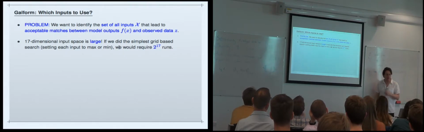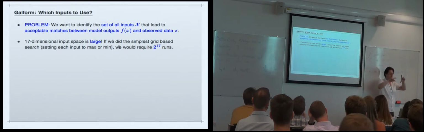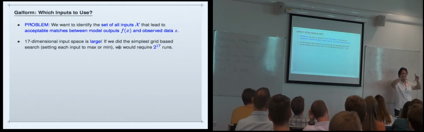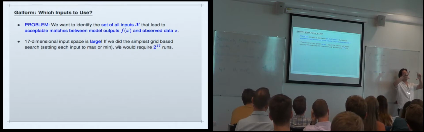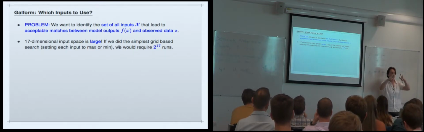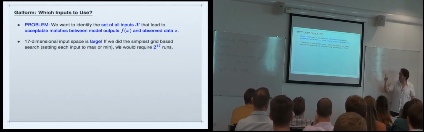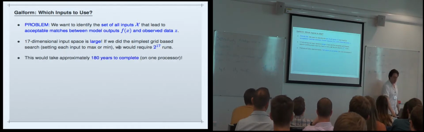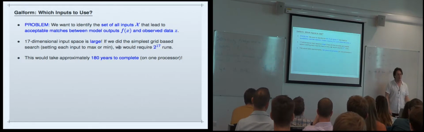We'd require 2 to the 17 runs. If you had 2 inputs and put your points at the minimum and maximum of each input, that'd be 4 points at the corners of a square. With 3 inputs, that'd be 8 points at the corners of a cube. Scale up to 17 dimensions, that would be 2 to the 17 runs. This would take approximately 180 years to complete on one processor.